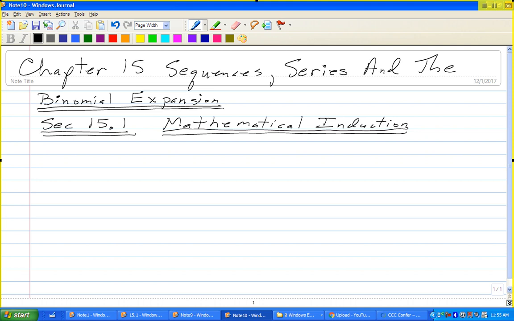And so you might think that if you showed something is true for a lot of numbers, maybe it's true for everything. And that's not always the case. So it turns out that there are problems with mathematics, or mathematical proof.